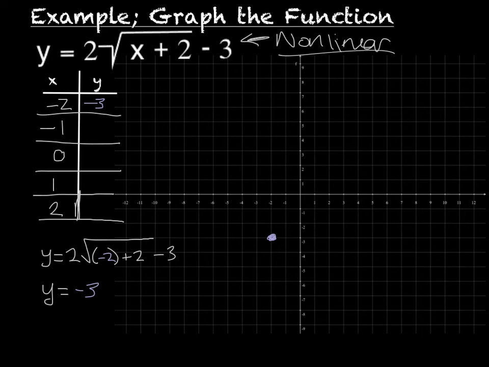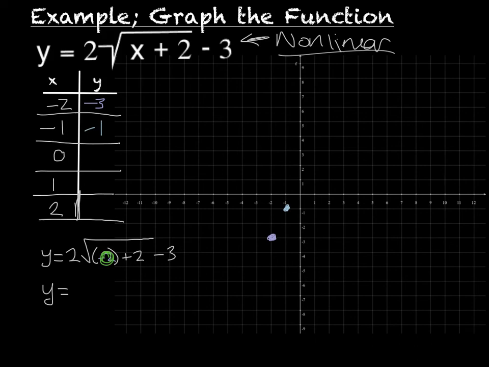And my next point, I can put in a -1. So if I put in a -1, then I get a -1 out. So -1, -1 would be about right there. Alright, the next point, if I put in 0, I get a weird number out.